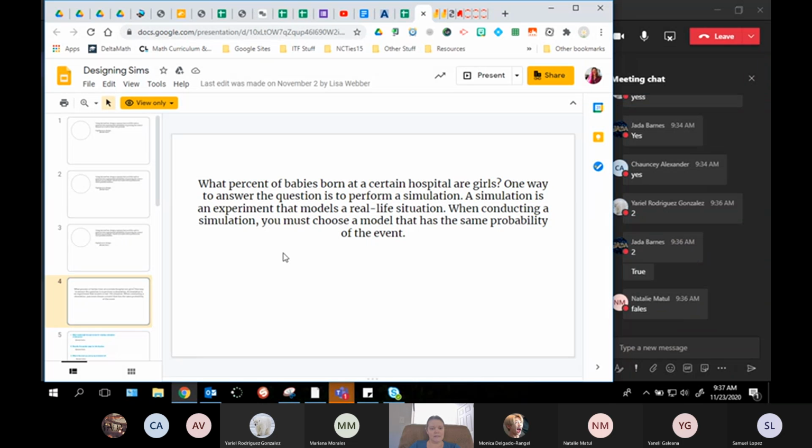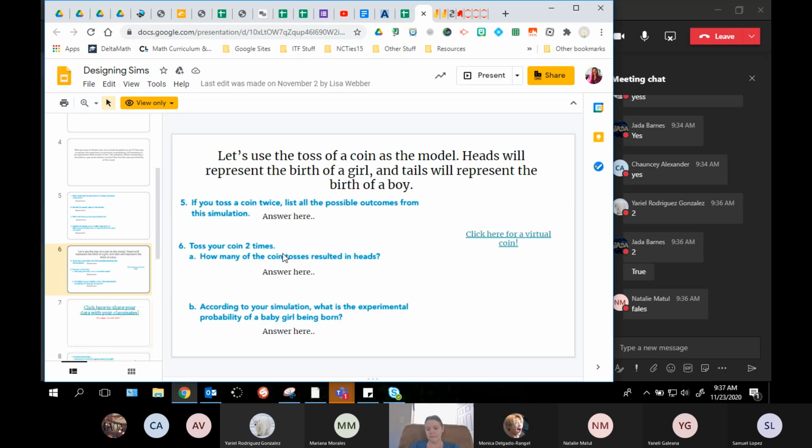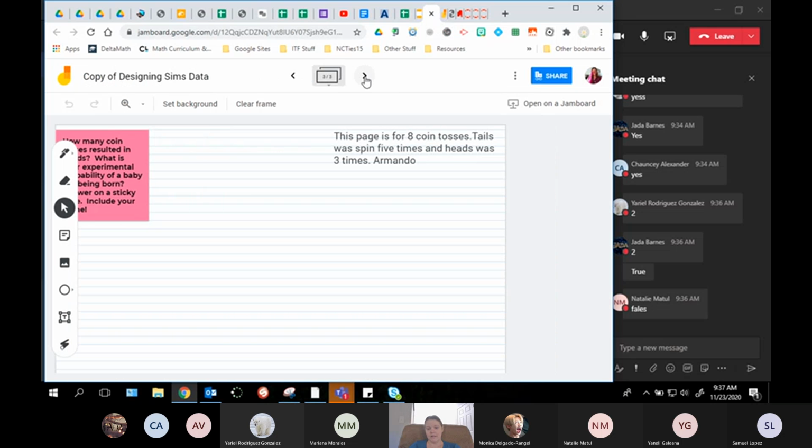And then the last few slides, you have a link to a virtual coin here for this one. So if you toss the coin twice, what are the possible outcomes for the simulation? And then whenever you get to these slides right here, when you click on it, it's going to take you to a Jamboard, and there are 3 different pages on it.